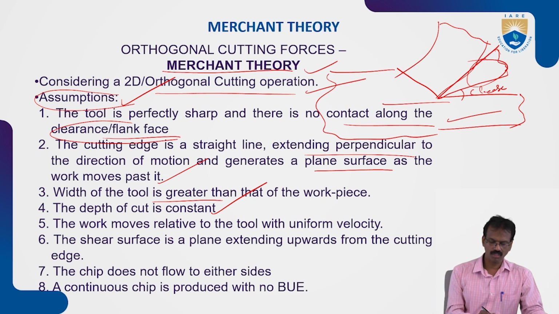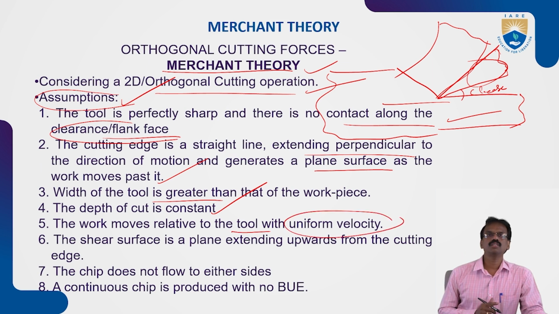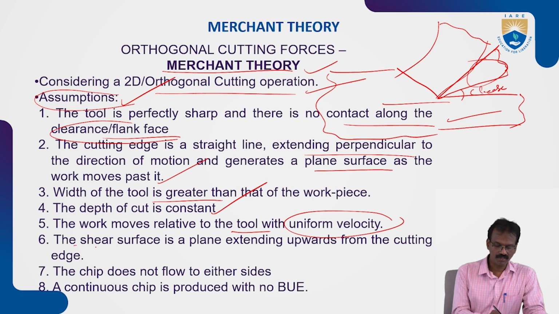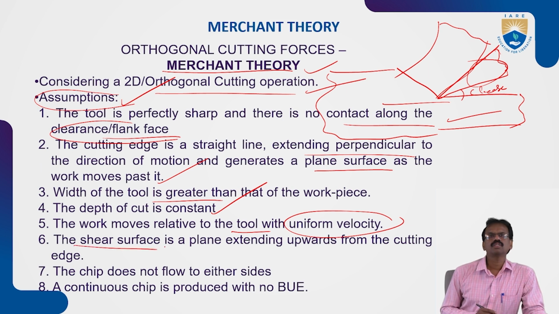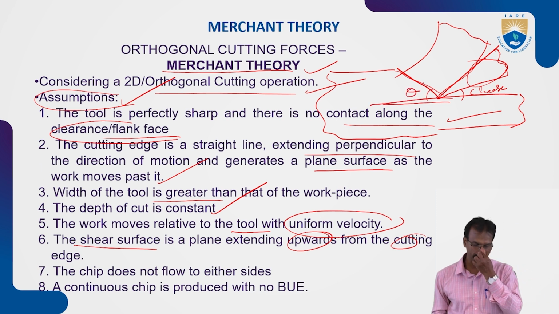Next, the work moves relative to the tool with uniform velocity. Next, the shear surface is a plane extending upwards from the cutting edge, like this one. This is the shear surface, and the angle is theta, the shear angle.